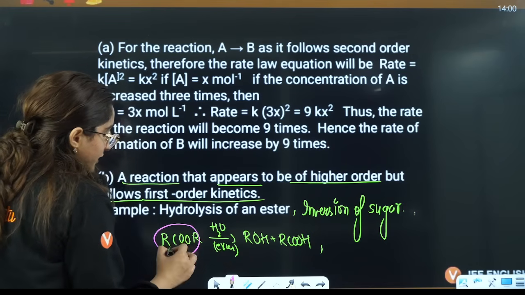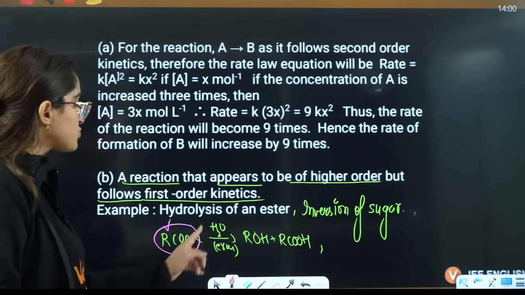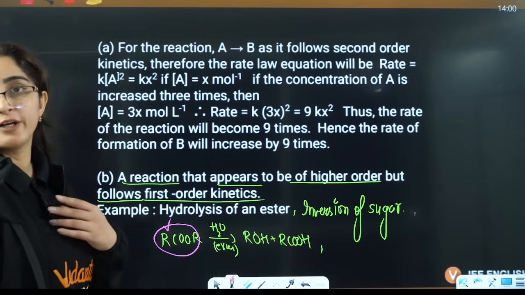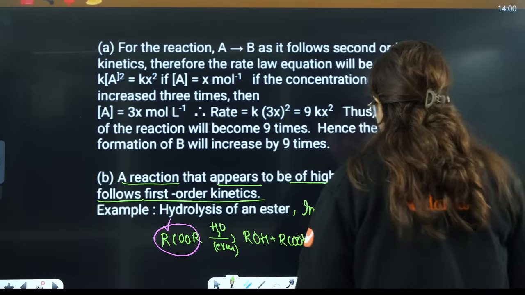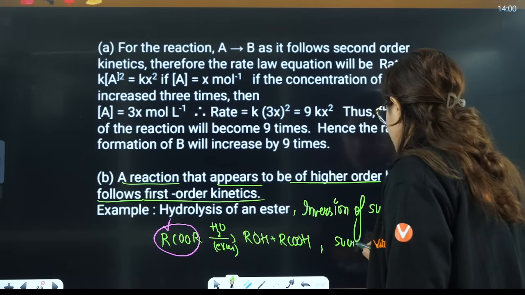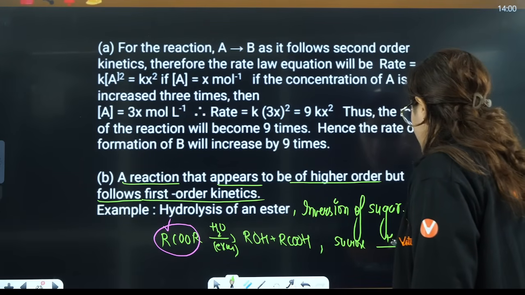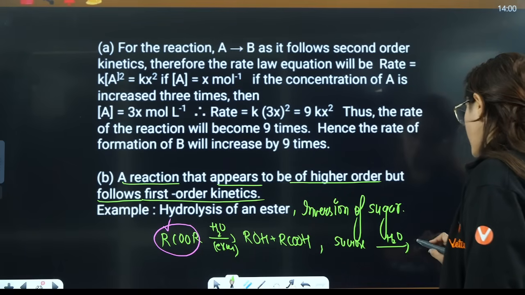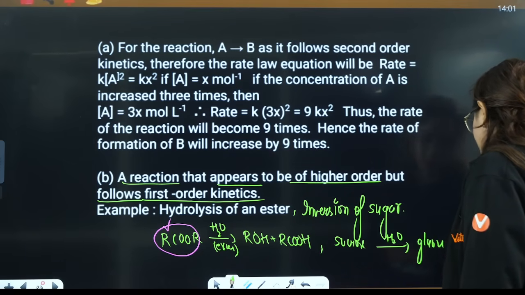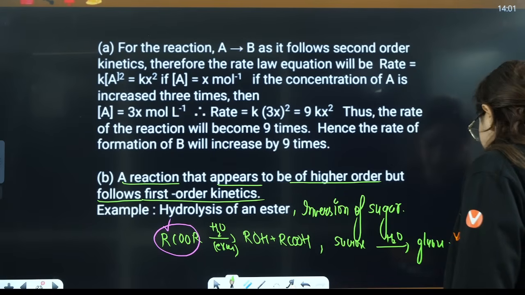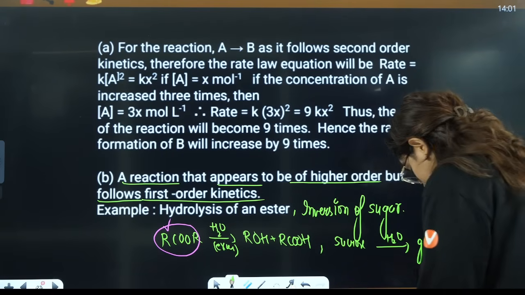But in reality, it is only dependent upon the ester because water is in excess, so it is independent of water, right? Similarly, you have sucrose. On adding water, hydrolysis of sugar, glucose is formed and fructose is formed, that you have seen in biomolecules.